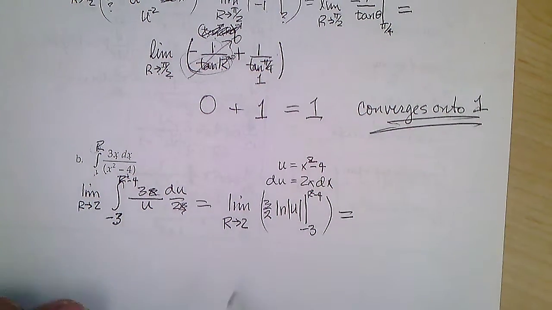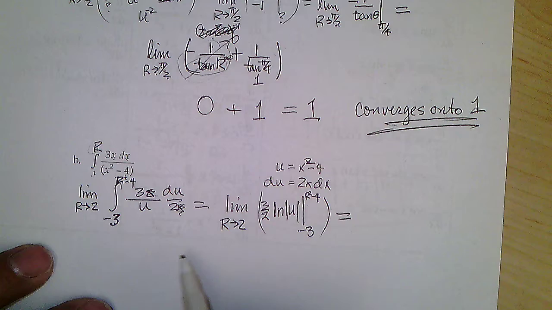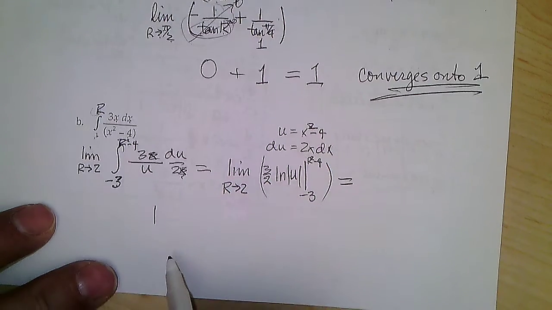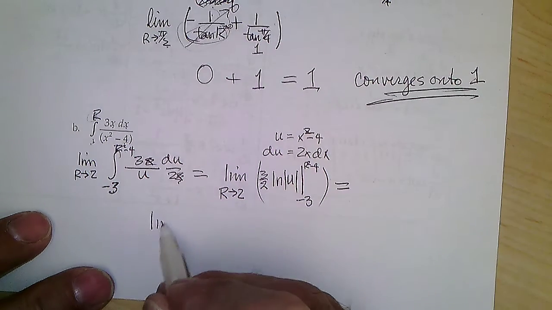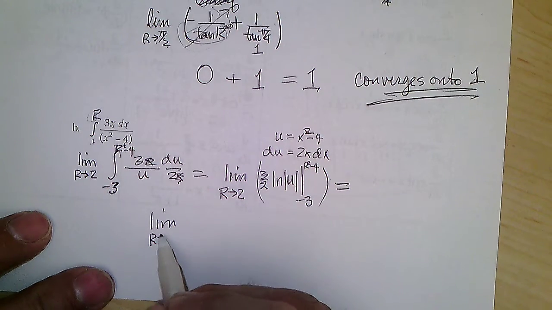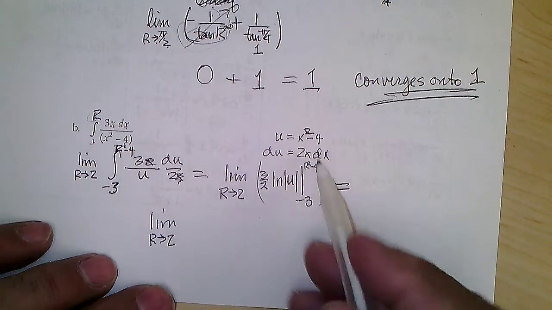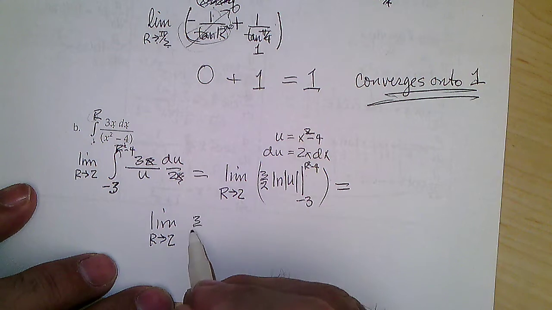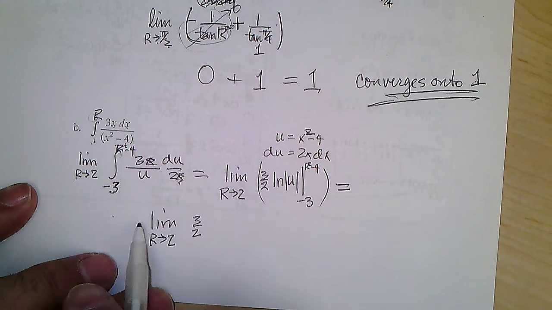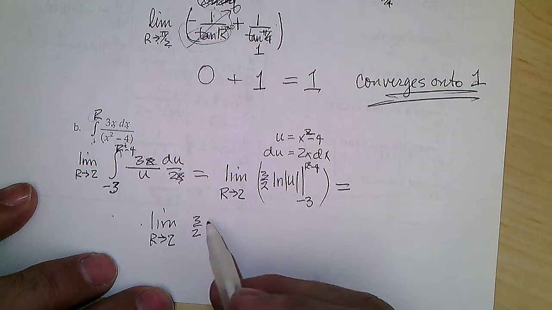So before you do the limit, you got to plug these in. I want to see that step. This is going to be the limit as r approaches 2 of 3 halves. That could actually be pulled completely out to here, but I'm going to leave it there.